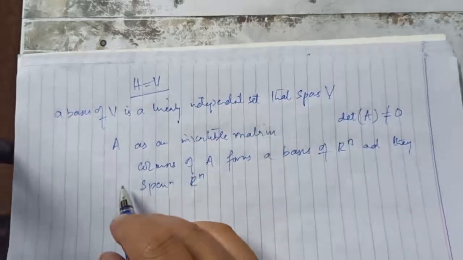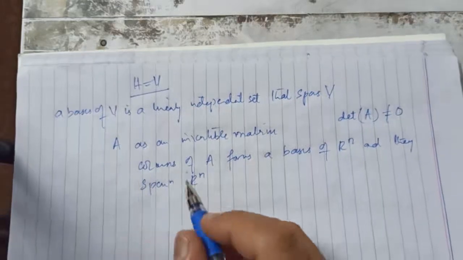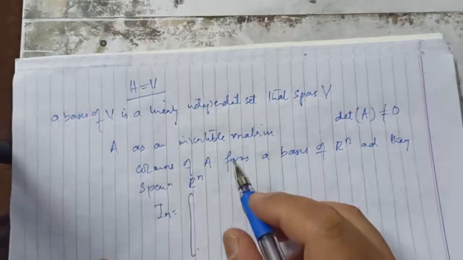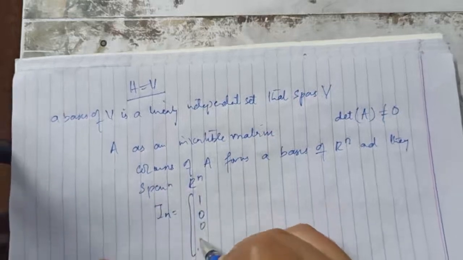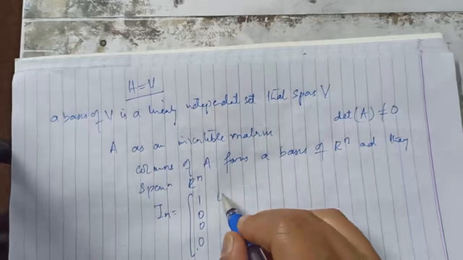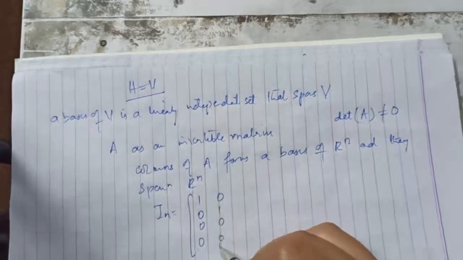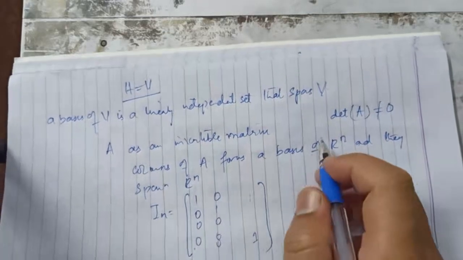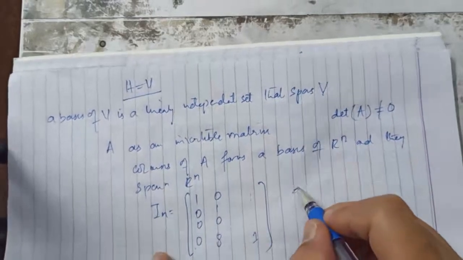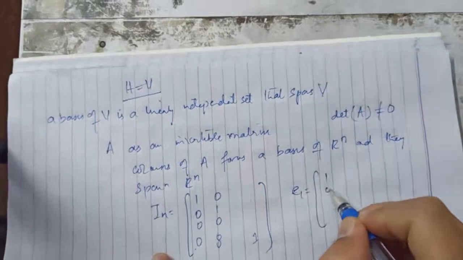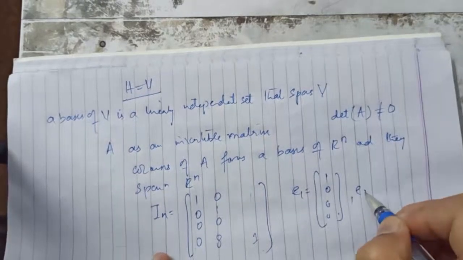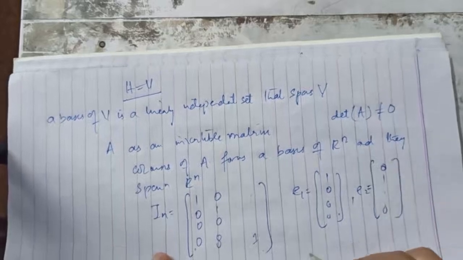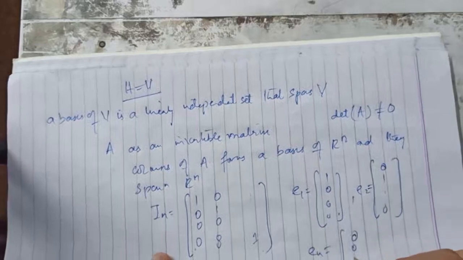Similarly, take the example of the identity matrix, let's say In, which is an n by n identity matrix in which the off-diagonal entries are 0 and the diagonal entries are 1. The columns of the identity matrix we already call e1 as 1 0 0 0 and so on, e2 as 0 1 0 0, and similarly en as the last one, which is 0 0 0 0 1.